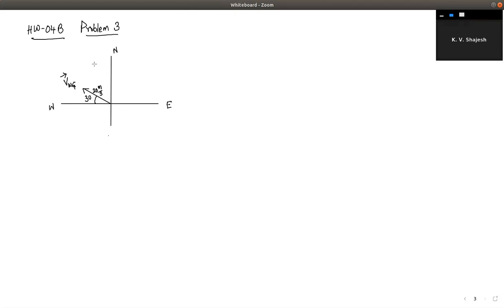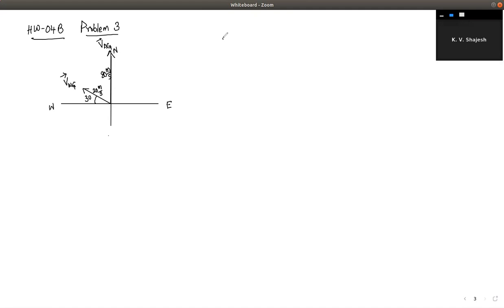The resultant velocity has to be in the north direction. So that's this. Right. That's the velocity of the aeroplane with respect to the ground. That's the final direction that is needed. So that's given to be 80 meters per second. In what direction should the airplane head?